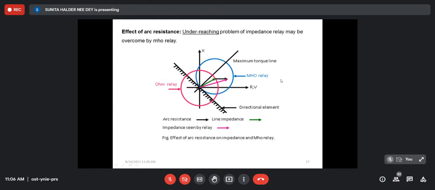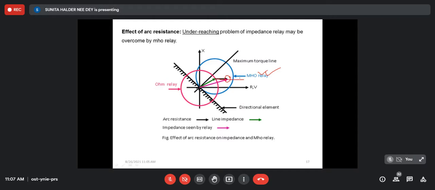So it will show the underreach, right? Because it is unable to catch the operating point. But if we are using mho relay, then obviously this point is still within the operating zone of the mho relay. So in this way, the underreaching problem of impedance relay may be overcome using mho relay, not 100%.